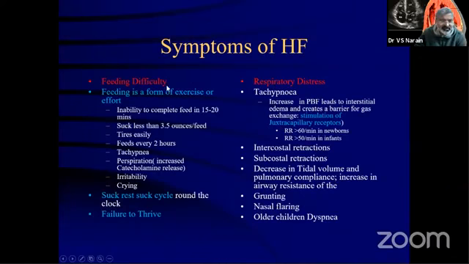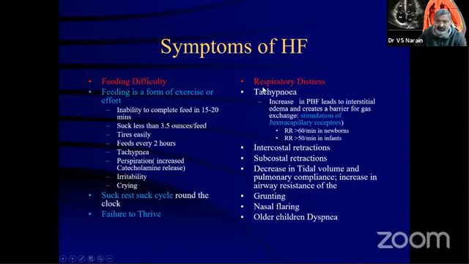Now, history-wise, what are the symptoms of heart failure? You will see feeding difficulty, where the infant is sucking less than 3.5 ounces per feed, just about 15 to 20 minutes, cannot complete it in that time frame, feeds every hour or 2 hours, is tachypneic, and has that suck, rest, suck cycle going on, and there is a failure to thrive. And failure to thrive is when you have less than the third percentile of the weight expected for that age.